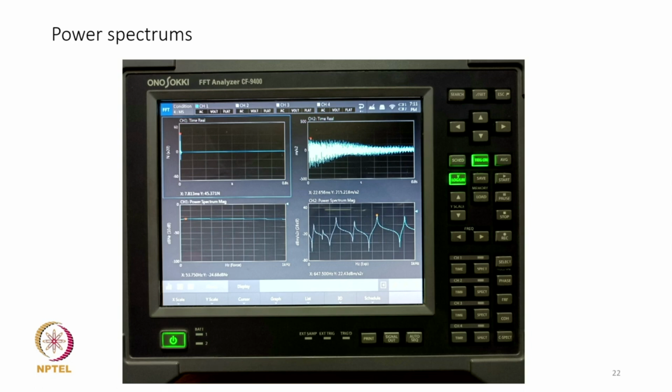So this is the force power spectrum, and this is the acceleration power spectrum. They are nothing but auto spectrums, and then similarly we can get the cross spectrum between the response and the force signal, right. That would be required to find FRF.